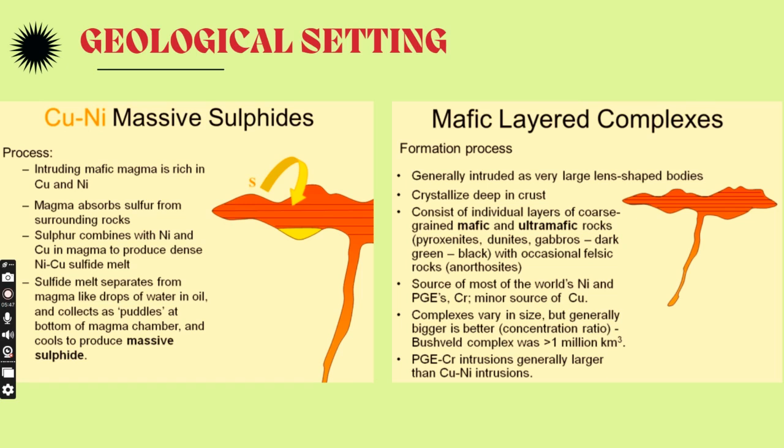mafic and felsic are field based terminology, whereas the geochemical terminology is basic and acidic. Until and unless you analyze the rock and get the SiO2 content, you cannot say whether it is acidic or basic. But by visually estimating the color, you can directly say based on color index whether it is mafic or felsic. Usually all mafics are basic, and ultramafics are ultrabasic, but anorthosite is an exception.